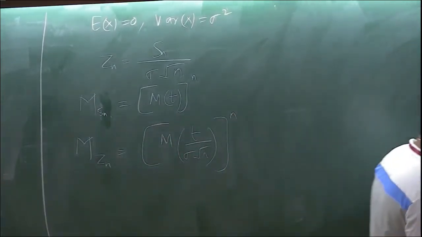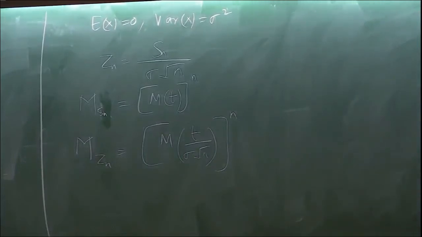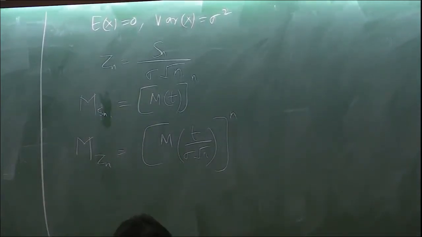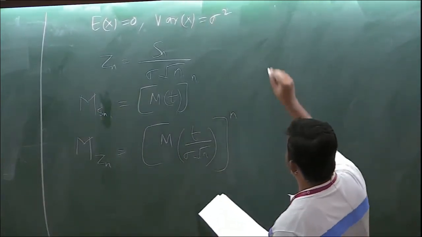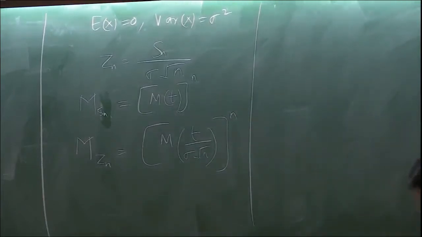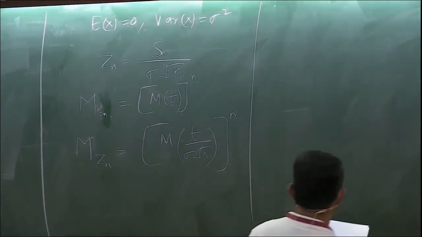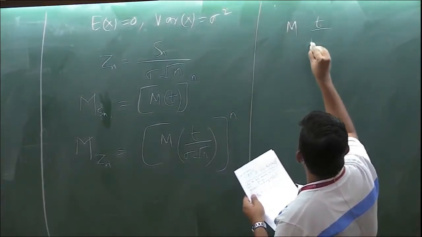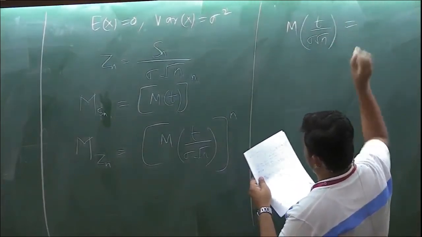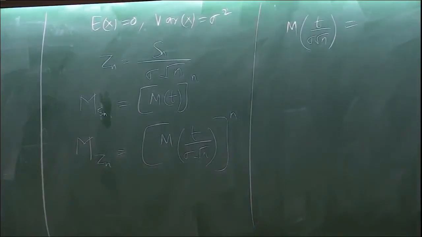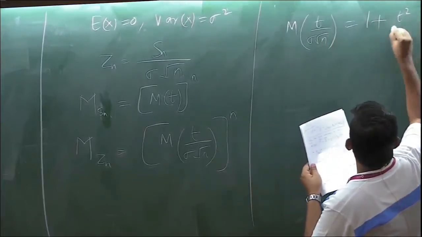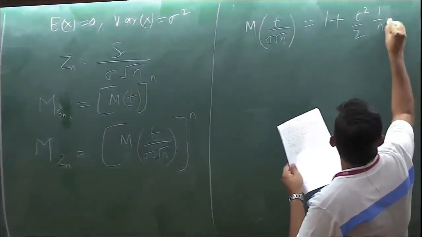So you can just expand the moment generating function around 0, and you can work out by doing a simple Taylor expansion pretty easily that the moment generating function for Zn, which is the same as m of t by sigma root n, will turn out to be 1 plus t squared by 2, 1 by n.